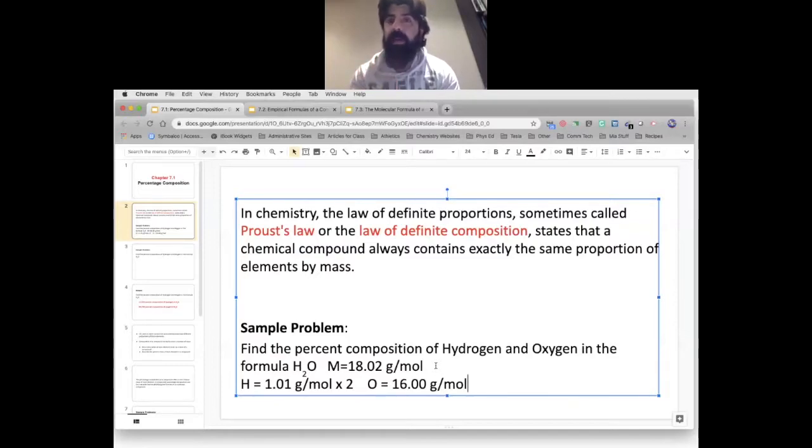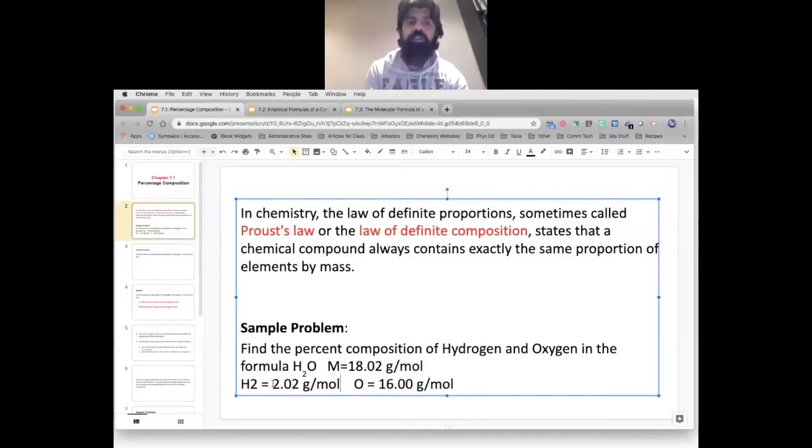But if we want to find the percent composition, we're going to take the 2 times 1.01, so if we've got 2 hydrogens, that would work out to 2.02 grams per mole when we multiply by 2. And what we would do is take this 2.02 and divide it by 18.02.